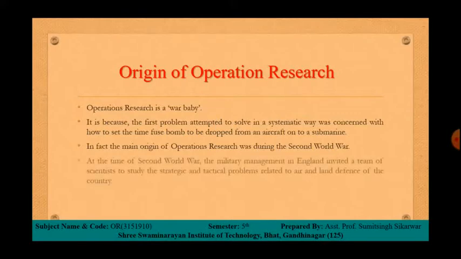At the time of the World War, the military management in England invited a team of scientists to study the strategic and tactical problems related to air and land defense of the country.